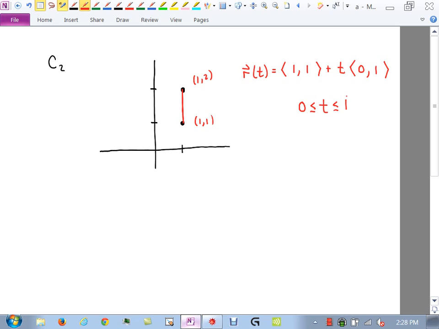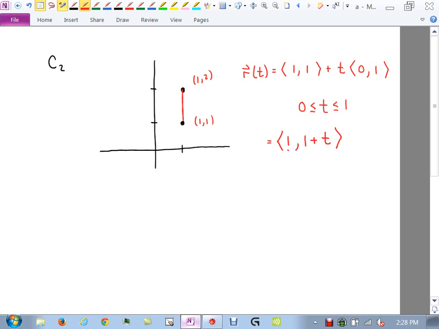Now, that's the vector equation, isn't it? How do we go from vector equation to parametric equation? Well, first we have to combine these together. Do you agree with that? I just put this 0, and t is gone, so I just have a 1. And then 1 plus, and then distribute the t through, you get t.